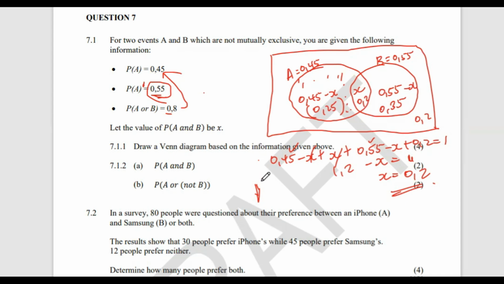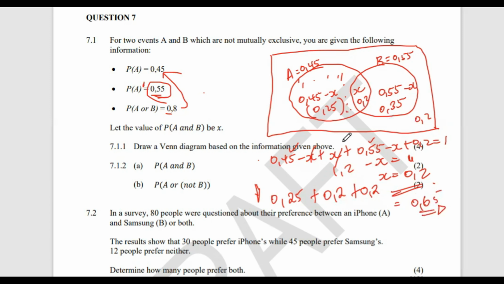Then we move on, A or not B. So that's going to be 0.25, which is the A only, plus the 0.2, since it is part of A, and we say not B. So I think I'll have to add the 0.2, since it is outside of B. So 0.25 plus 0.2 plus 0.2, that should give me 0.65, pretty much.